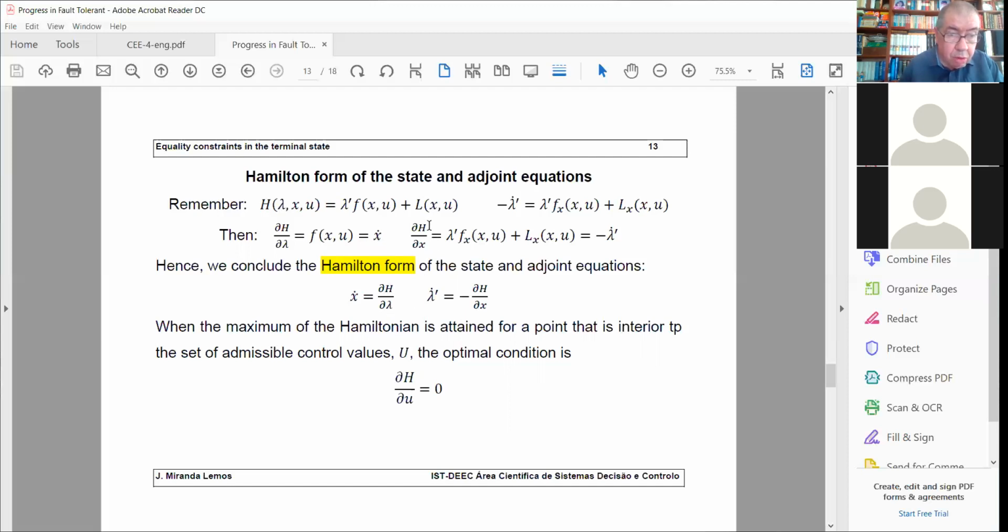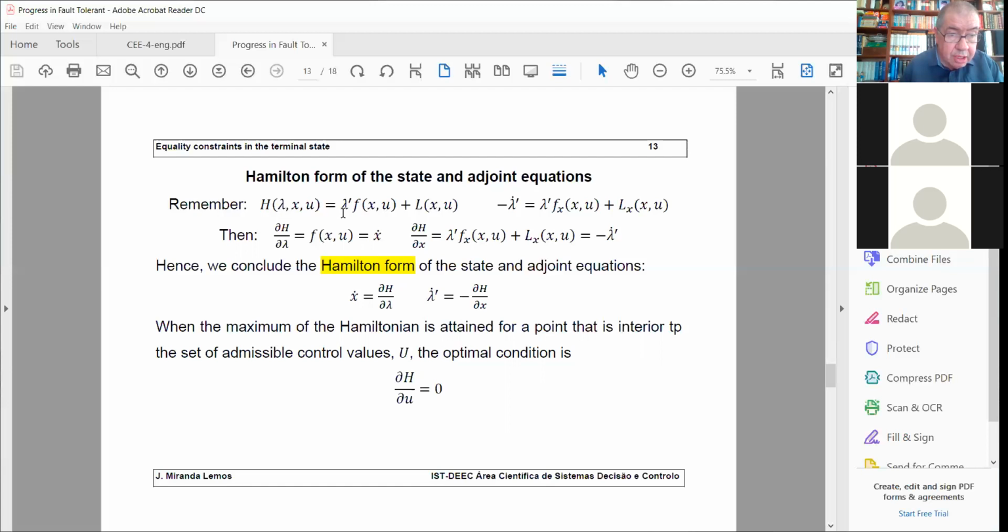Now, if you compute the partial derivative of the Hamiltonian with respect to x, look at the definition of the Hamiltonian. You get lambda, which does not explicitly depend on x. And then you have a function that depends on x and u.